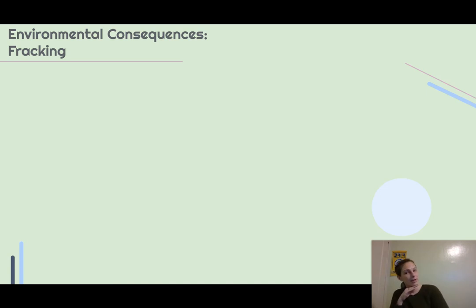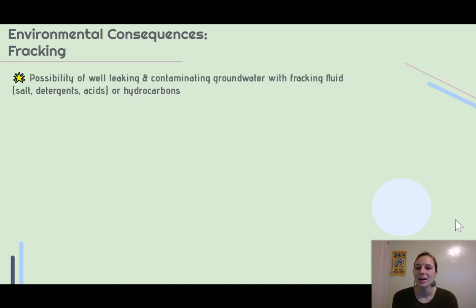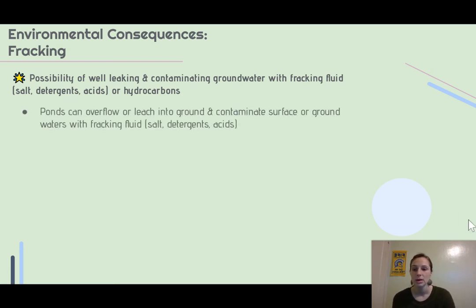Now for the environmental consequences of fracking. Now, one of the problems is that the well can leak, and that contaminated water that was in the well is now going to be contaminating the local groundwater with that fracking fluid or with the hydrocarbons.